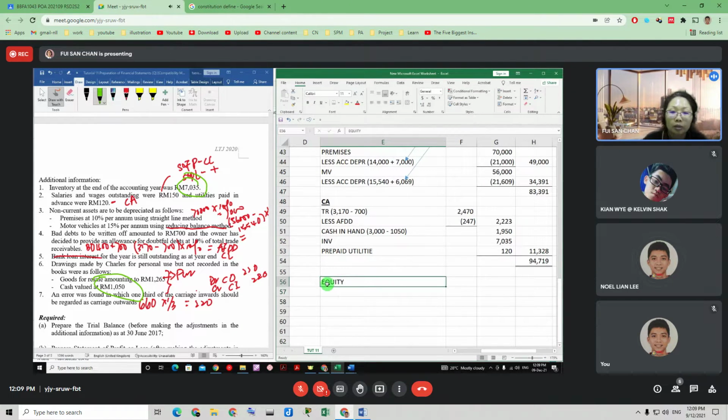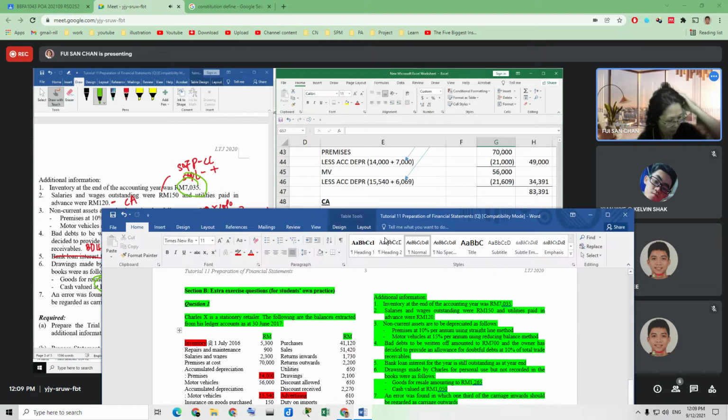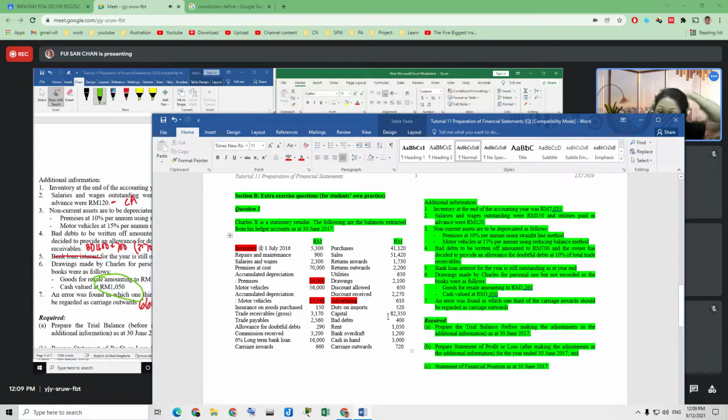Equity. Underline. Then we have what? Capital. Asset. 1st July 2016. Opening. How much is your opening capital from your question? 82,350.